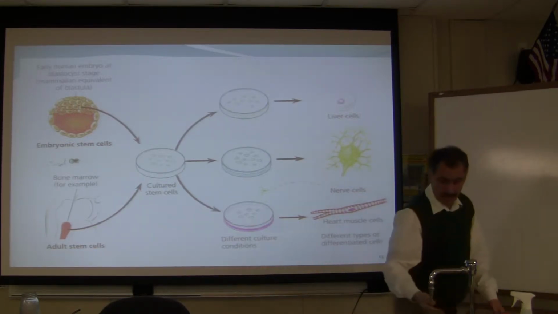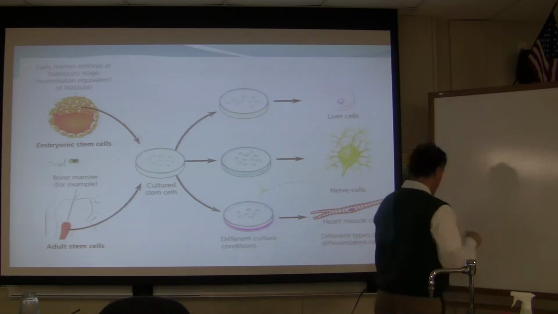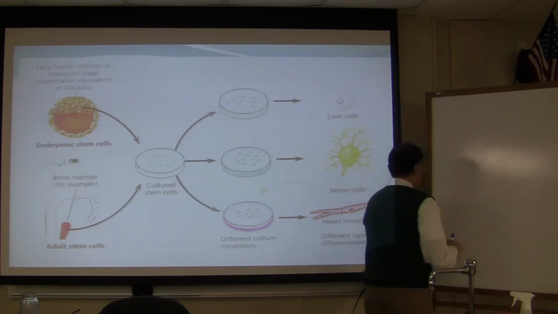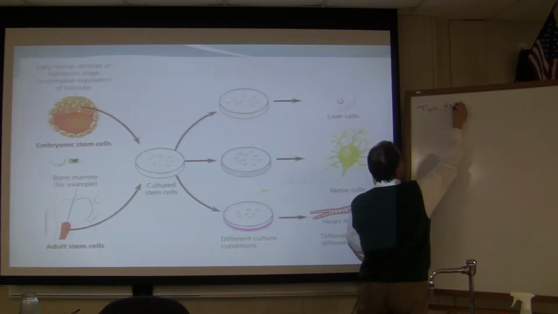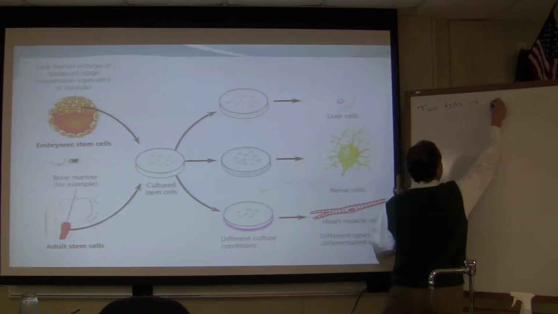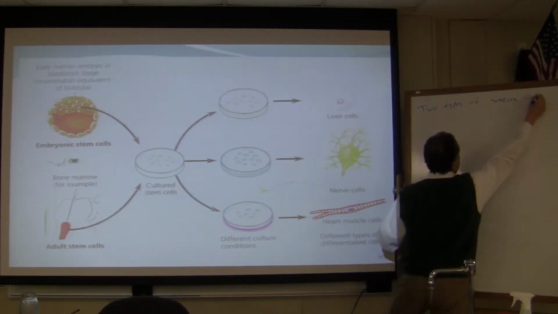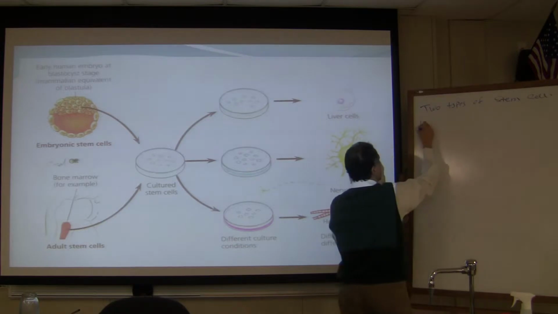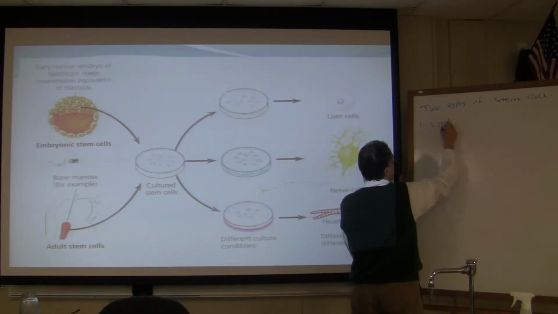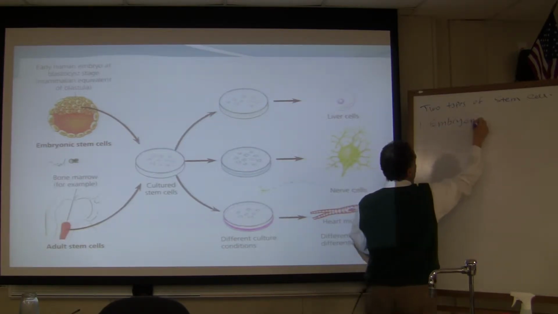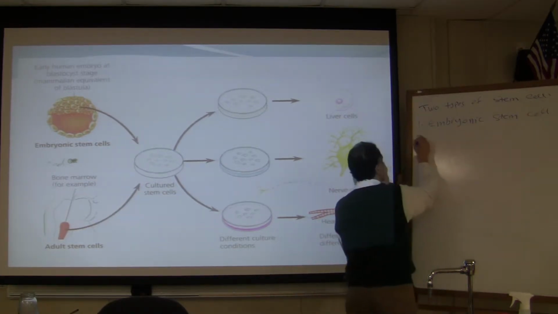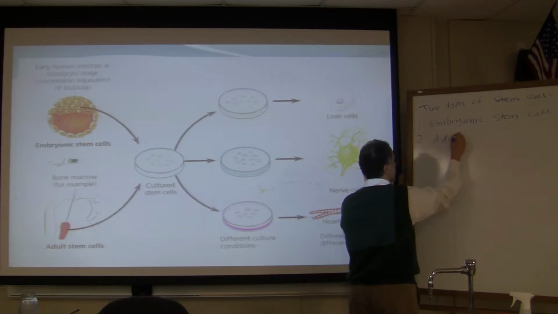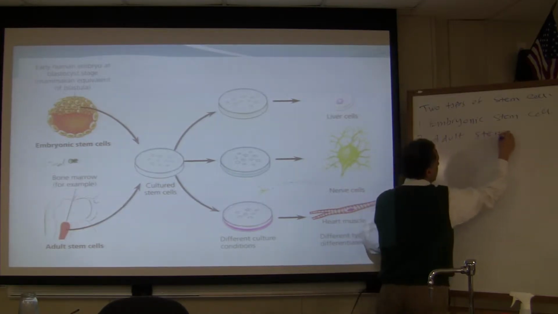There are two types of stem cell. There are more, but I'll only talk about two of them in here. One of them is embryonic stem cell, and the other one is adult stem cell.